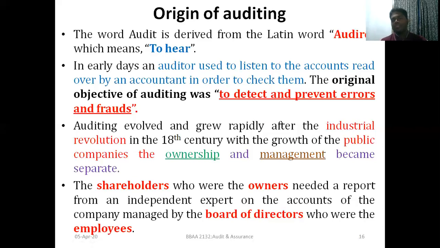This public company is very well connected with the audit. I hope you studied the public companies in O level or A level, even in the first year at the university. What's the difference between public and private companies?